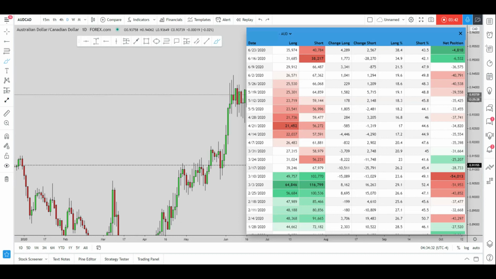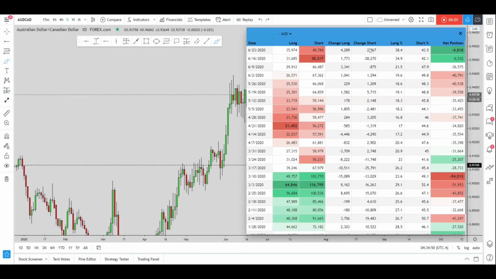So we went from having way more shorts than longs with 103K shorts and 49K longs to having almost the same amount with 40K shorts and 35K longs from an institutional perspective on the AUD.